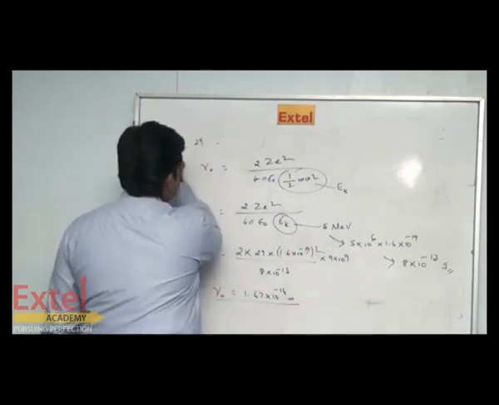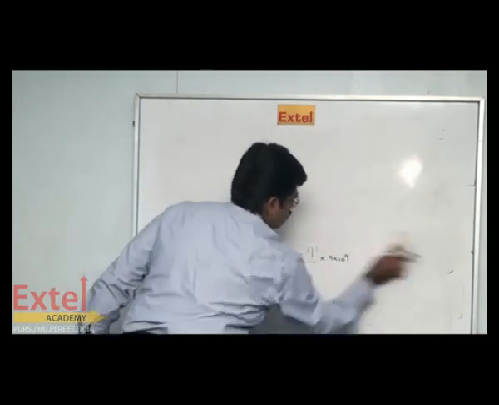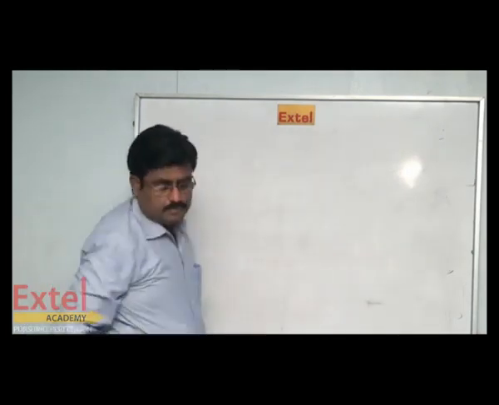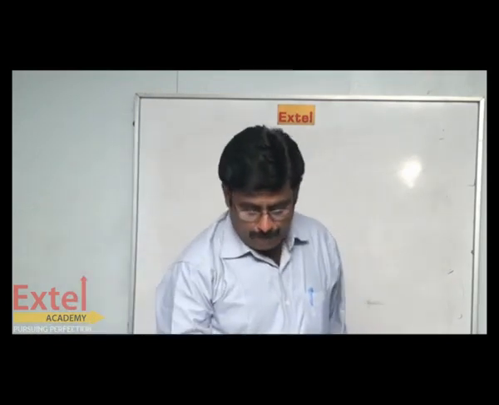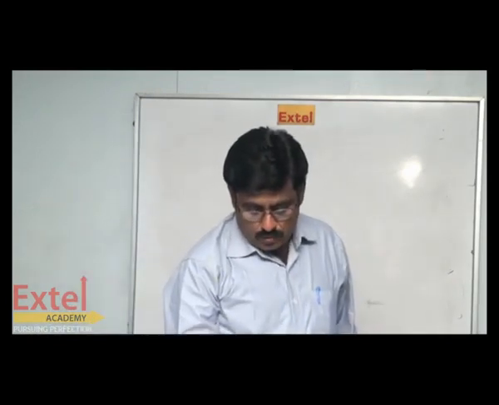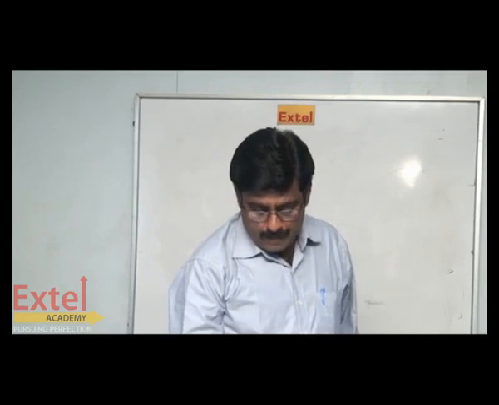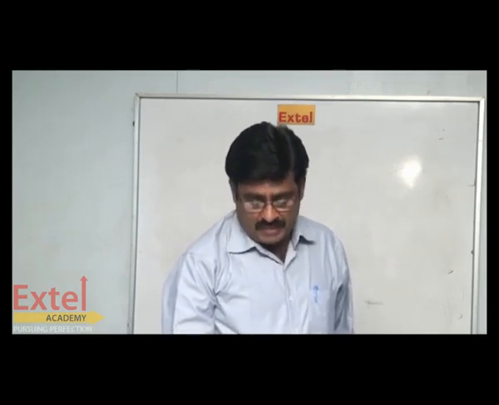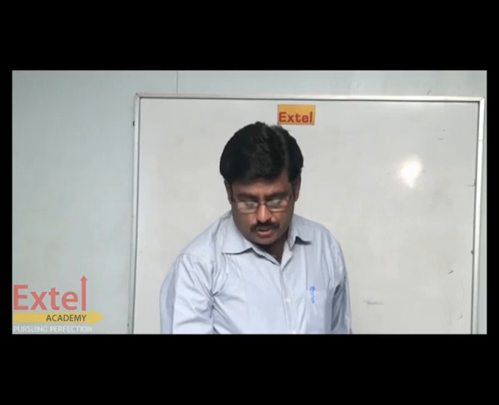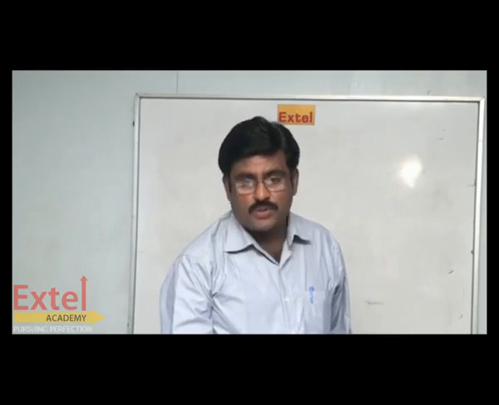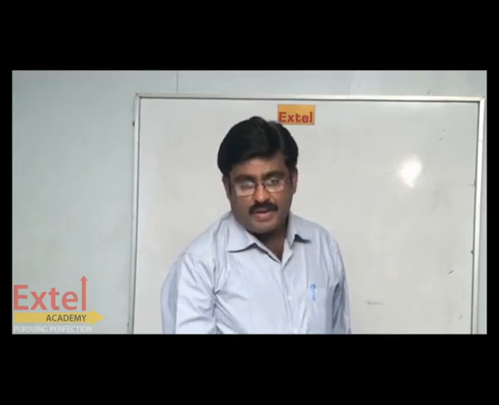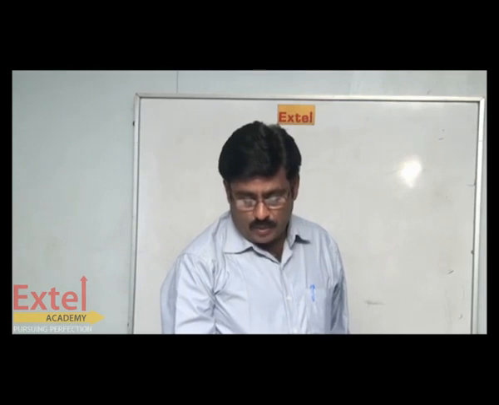The next one: how much should be the voltage of an X-ray tube so that electrons emitted from the cathode ray give an X-ray of wavelength 1 angstrom after striking a target?